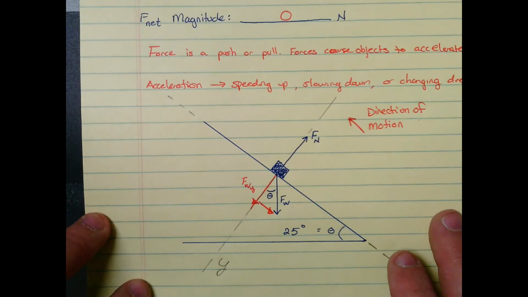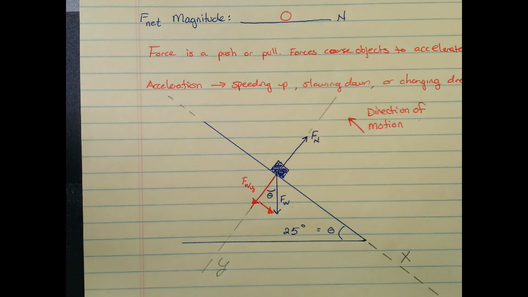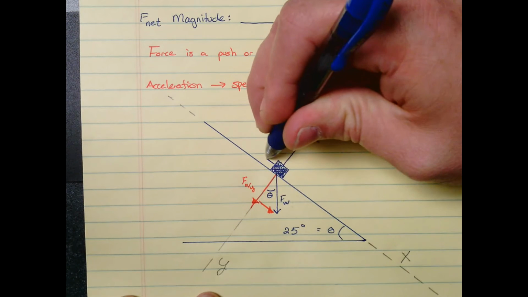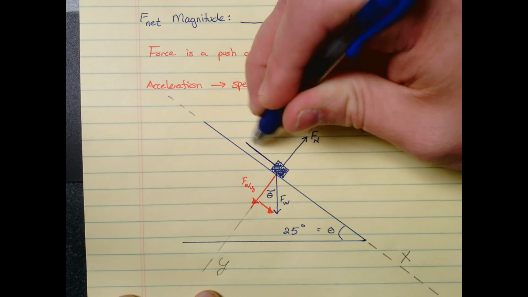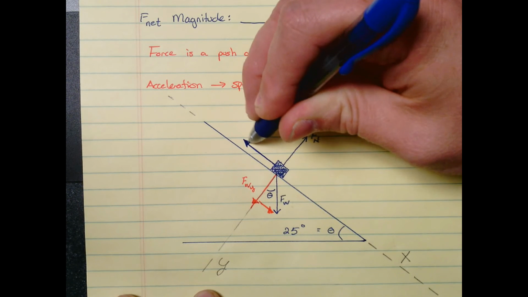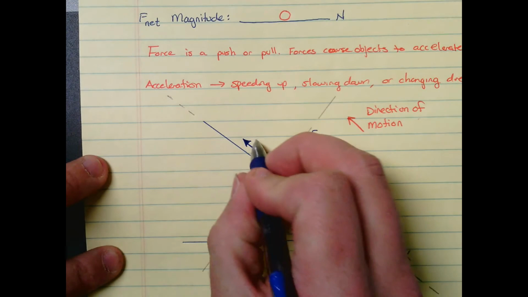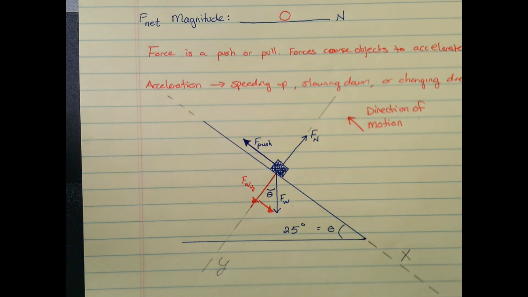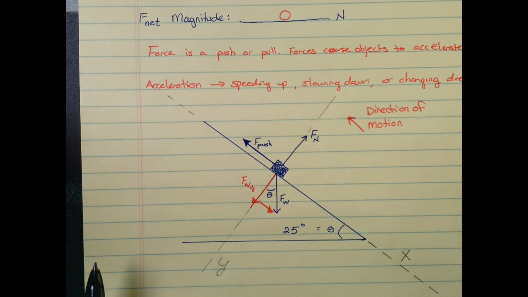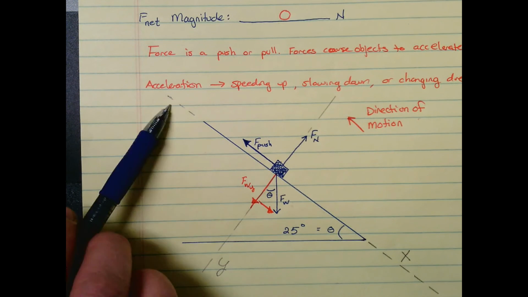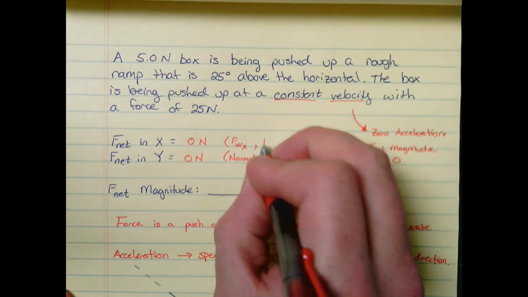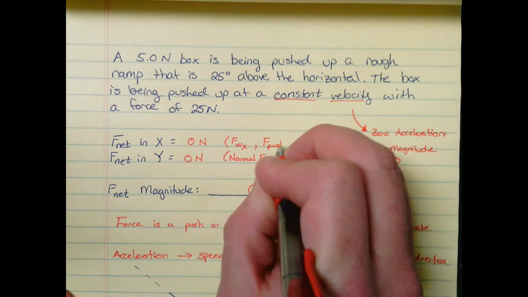Now, in the problem it tells us that they're pushing with a force of 25 newtons. So we have to assume for just a moment that there's a force that's pushing the block up the ramp. We're going to call it the force of push, and we're going to assume that force of push is 25 newtons. Now, it's up the x-axis here.